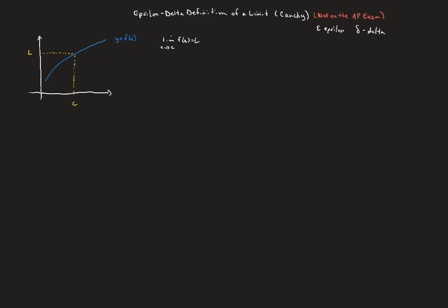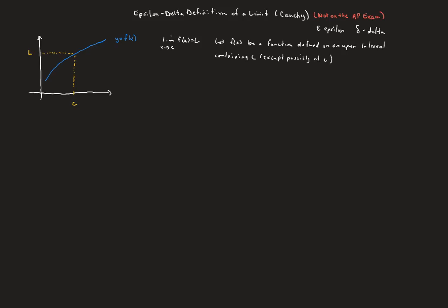For that limit to exist and be equal to L, we're going to say let f of x be a function defined on an open interval containing c, except possibly at c.